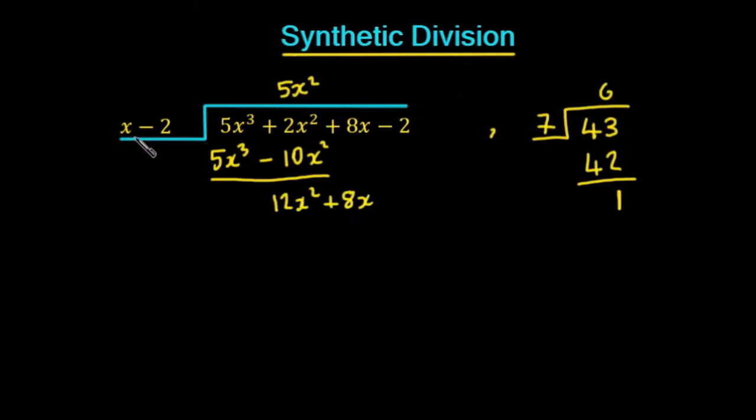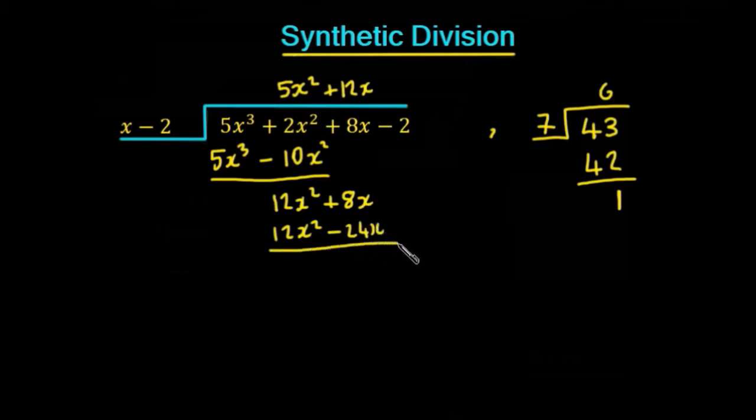So if we were to multiply this here by 12x, we'll get a 12x squared. So this will be plus 12x. So that will give us our 12x squared. And if we multiply this here, it will give us our minus 24x.